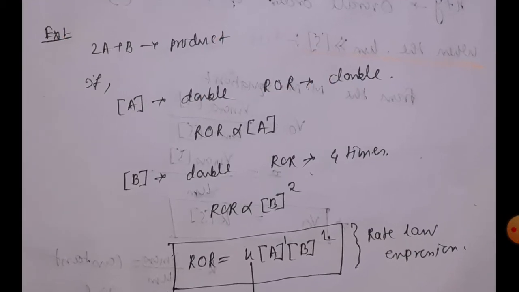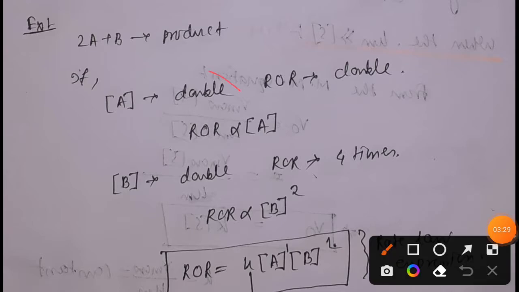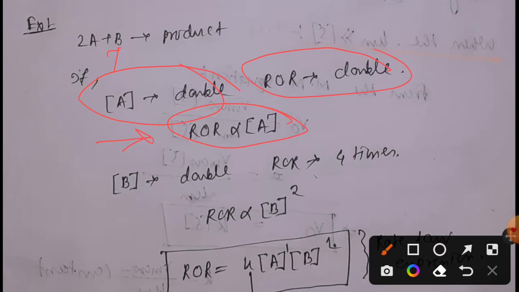Here we take the first condition: if the concentration of A is doubled, then the rate of the reaction also doubles, and we keep B intact, we have not manipulated B. So from the first situation we can conclude that the rate of the reaction is directly proportional to the concentration of A. Similarly, if we double the concentration of B, the rate of the reaction becomes 4 times, as you can see.